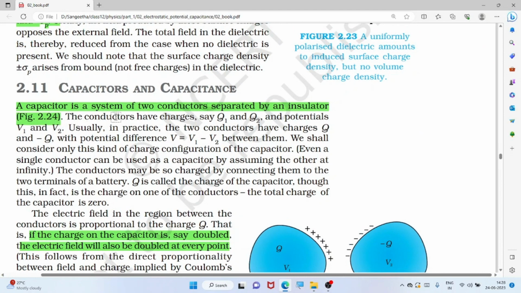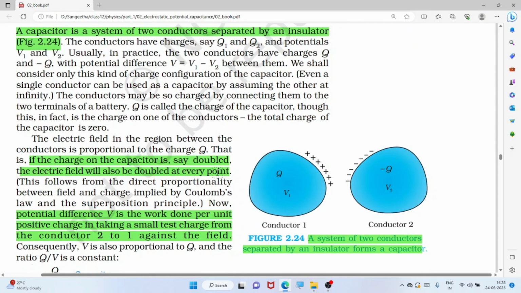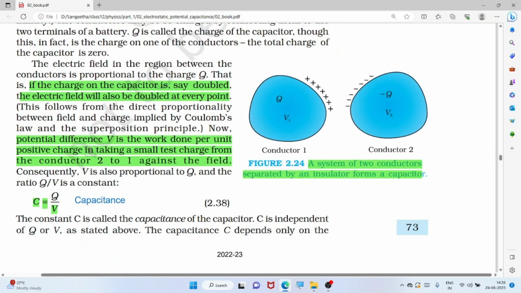Capacitor. A capacitor is a system of two conductors separated by an insulator. You have two conductors separated by an insulator. Conductor 1, conductor 2. Potential difference is the work done per unit positive charge in taking a small test charge from conductor 2 to 1 against the field.